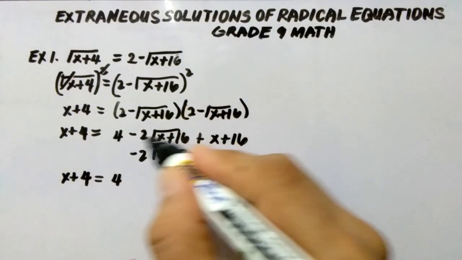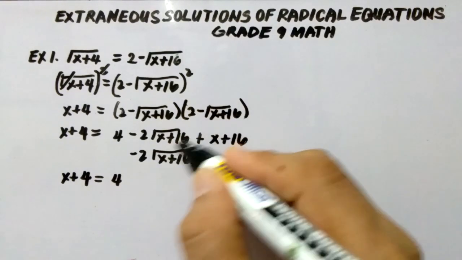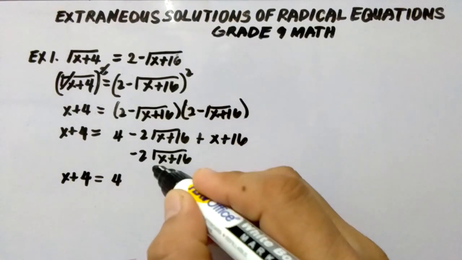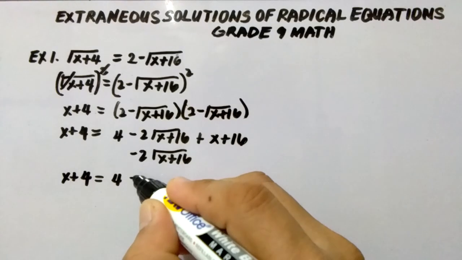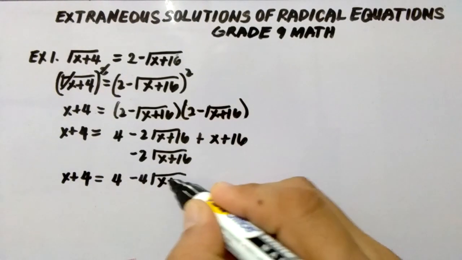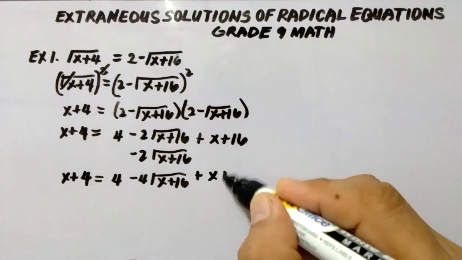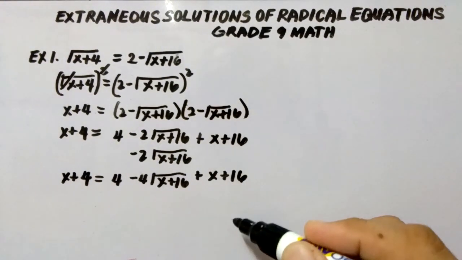Then, combine po natin itong like terms natin. So, negative 2 square root of x plus 16 minus 2 square root of x plus 16, that is negative 4 square root of x plus 16 plus x plus 16.